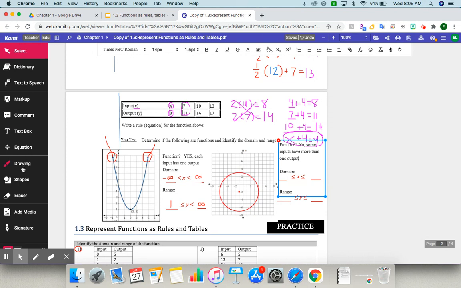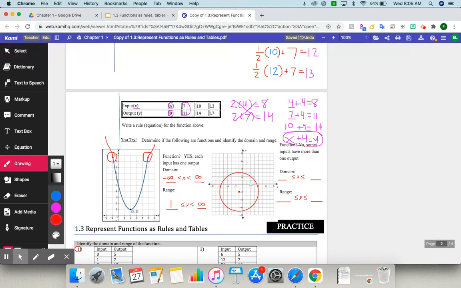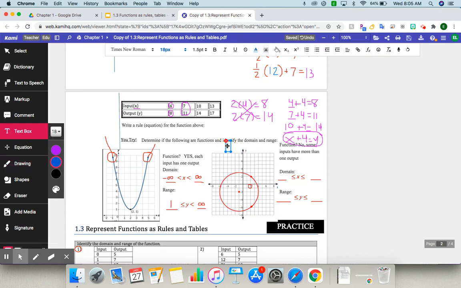So for example, this input of x equals 2 has an output here, but it also has an output right here. So because of that, this is not a function. It would only be called a relation.